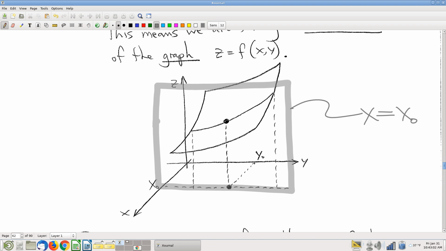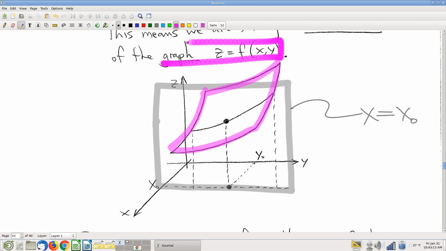And now if we're looking at a graph of our function, here's our original function of x and y, and there's its graph. Focusing our attention on this plane means that we are doing a cross-section. So we're looking at this cross-section of that graph. That's very geometrically natural as our first part of our partial derivative process.